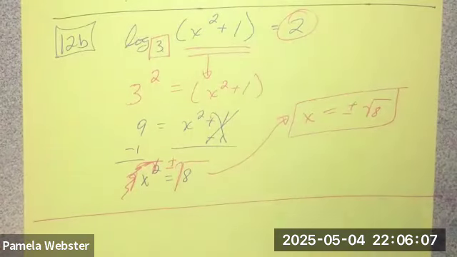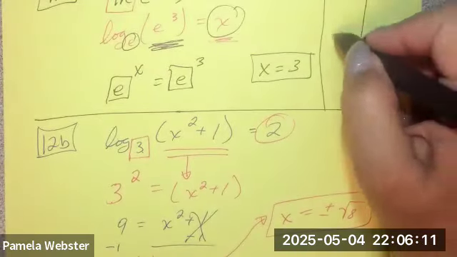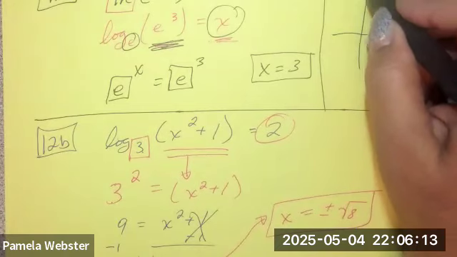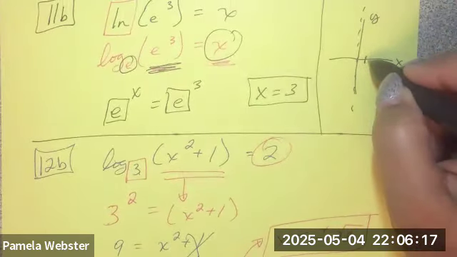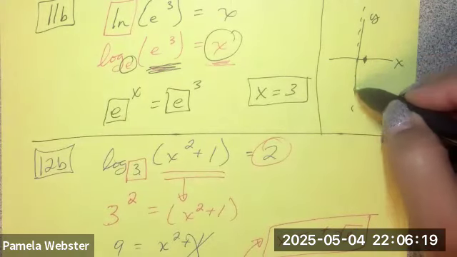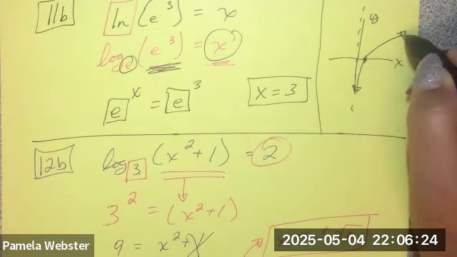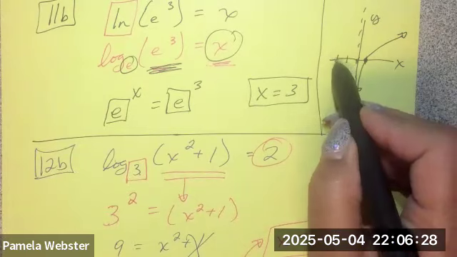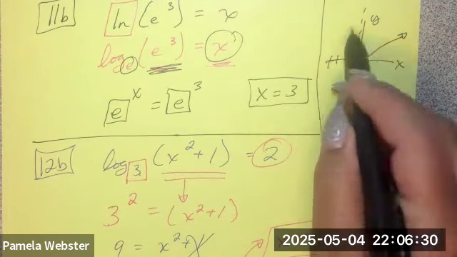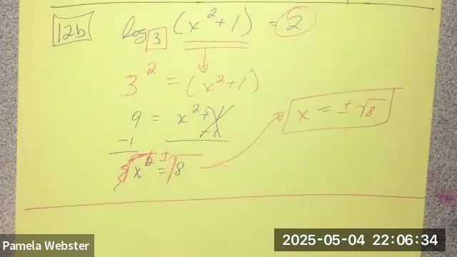Remember, before I start shifting stuff, the basic graph of a logarithm has a vertical asymptote right there, and it goes through this point, 1, 0, and the logarithm looks like this, right? There's some other stuff, but that's the basic graph of it. So I cannot put -1, -2, -3, whatever into a logarithm unless there's something else going on.